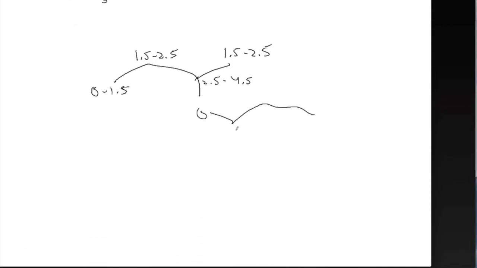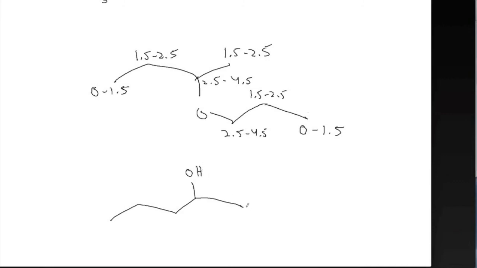So then where would these hydrogens be? Those are like 2.5 to 4.5. And how about these? 1.5 to 2.5. And how about these? 0 to 1.5. Good. So that's an important exercise.